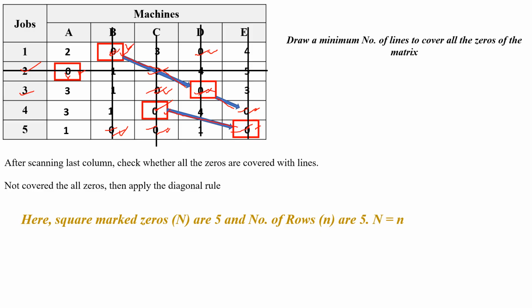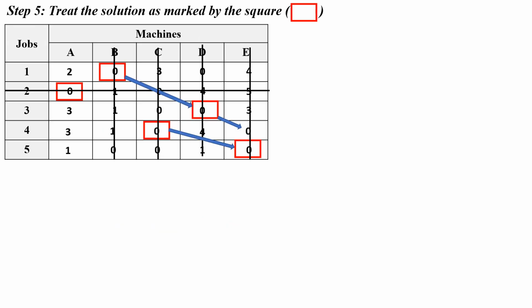So the number of square marked zeros is equal to the number of rows of the matrix, then I have to go for step 5. Step 5 is to treat the solution as marked by the square. So in the matrix, here we mark a square around that zero. This is how to treat the optimal solution.